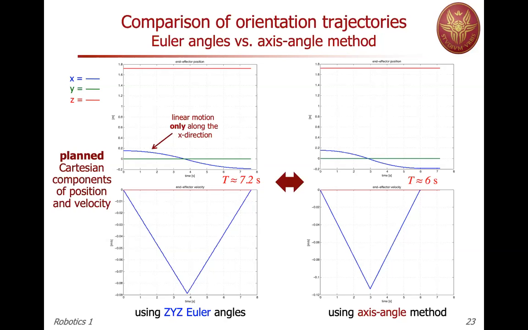So for a scalar, this scalar function was chosen as a trapezoidal profile, keeping into account a maximum acceleration and a maximum speed, both for the linear and the angular component. And then, since the displacement of each coordinate for x, y, z, and for the three angles of the Euler representation was given, we made the computation with this, like we did for the trapezoidal case.